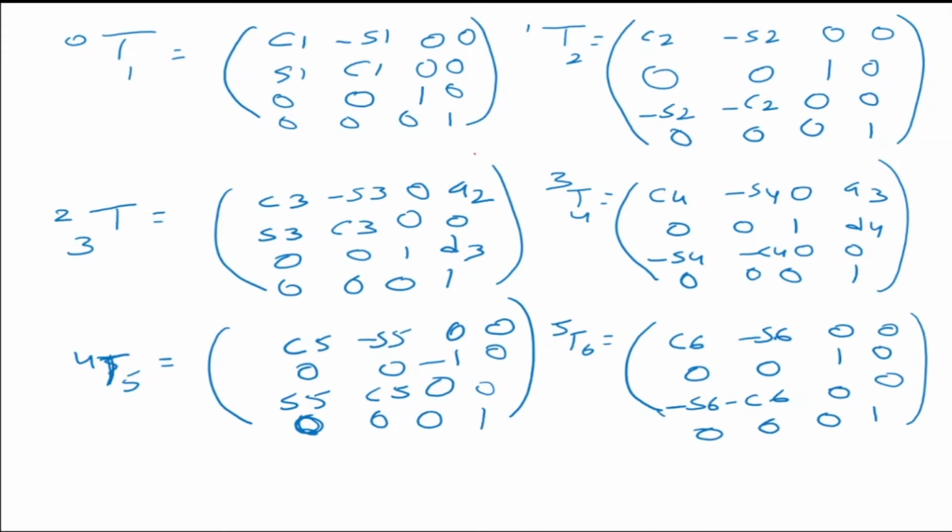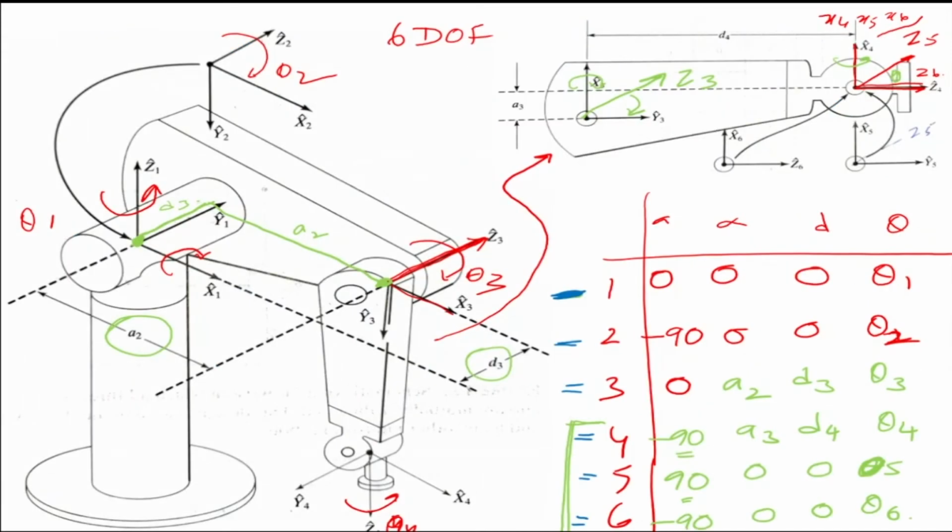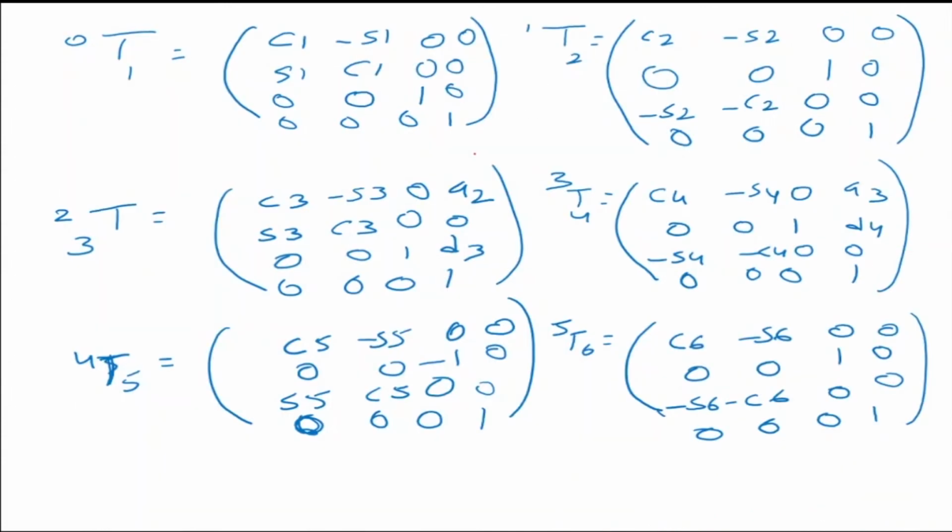Okay, so how did we get it? We simply took each of these rows and put it in the generalized matrix. So what was the generalized matrix? If I write it again, the generalized matrix which I wrote in the last class, T i minus 1 to i, was: cos theta, minus sin theta, 0, ai.